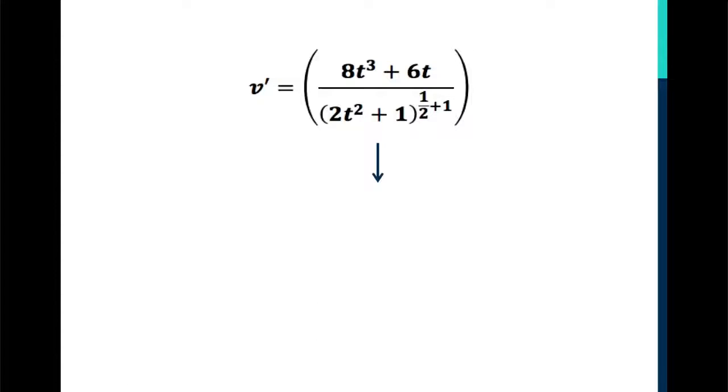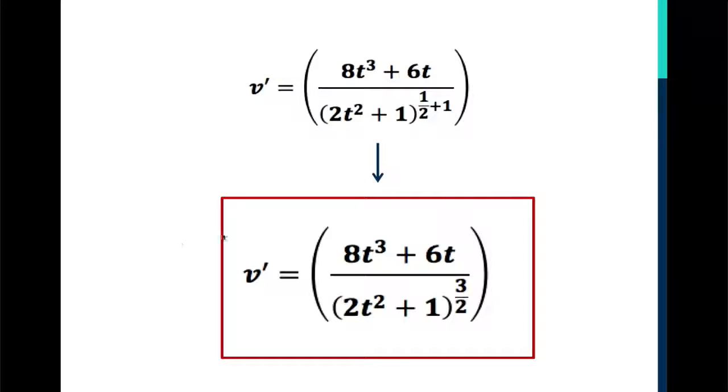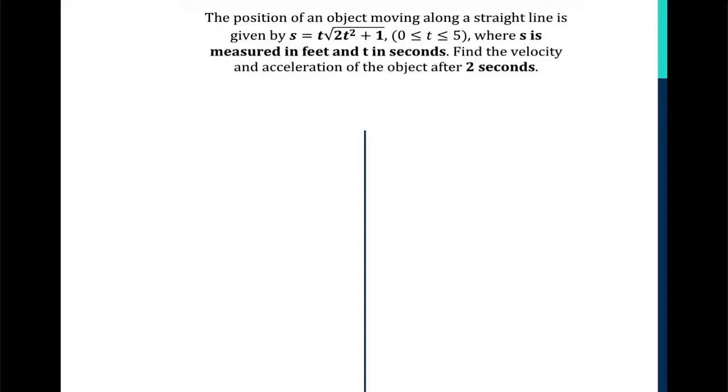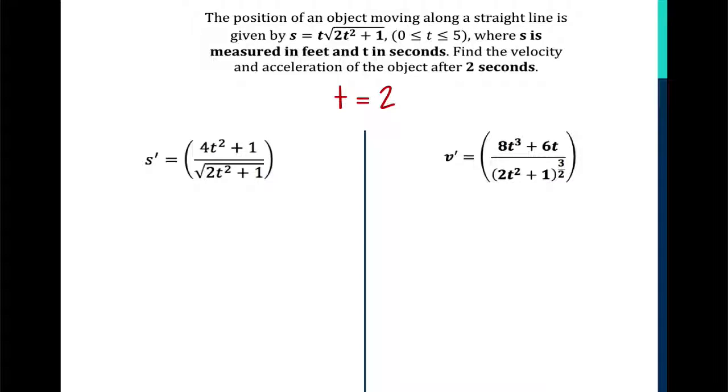So combining further, we would get that the derivative of the velocity is 8t cubed plus 6t all over 2t squared plus 1 raised to 3 halves. So of course we substitute 2 to both formulas for velocity and acceleration.